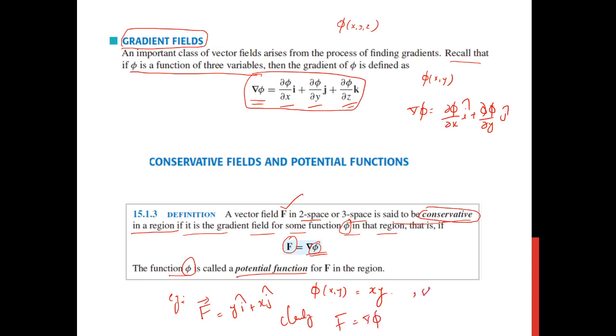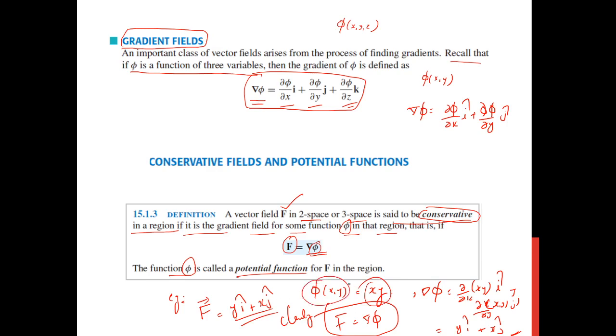Because del phi is actually dou by dou x of xy i plus dou by dou y of xy j. So this is simply equal to yi plus xj. So clearly f equals del phi. So this is an example of a conservative vector field, and here this phi is called a potential function.